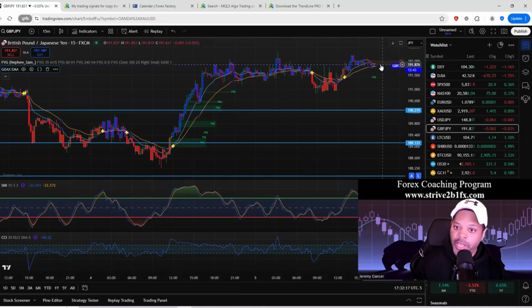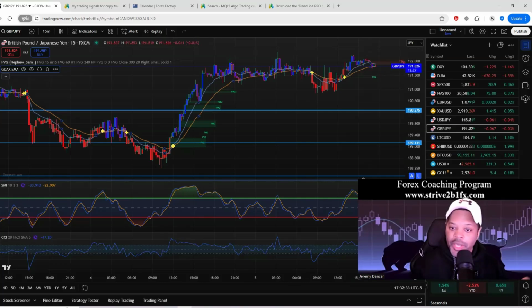We can also see there are bearish fair value gaps coming in to push the price down. So this is looking pretty good. We can see the stochastic momentum index and the CCI is showing strong bearish momentum. So this is very consistent with the Trendline Pro giving a sell signal.